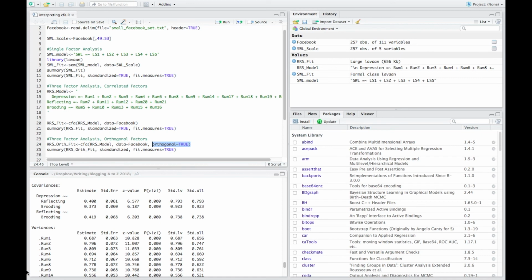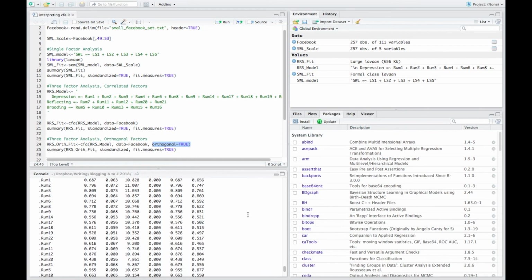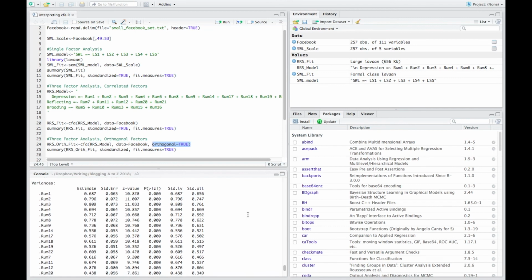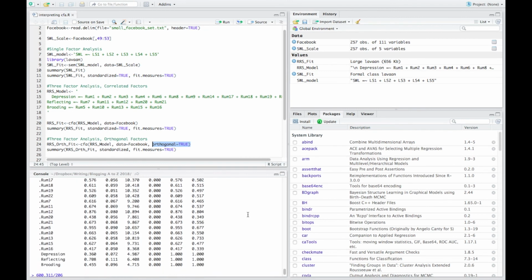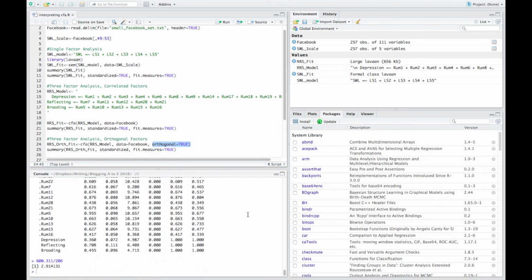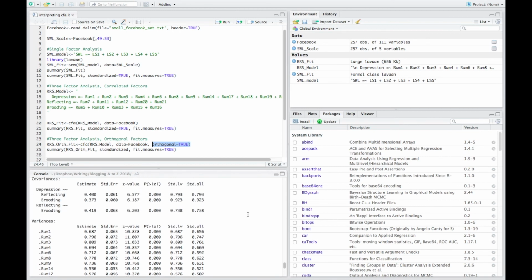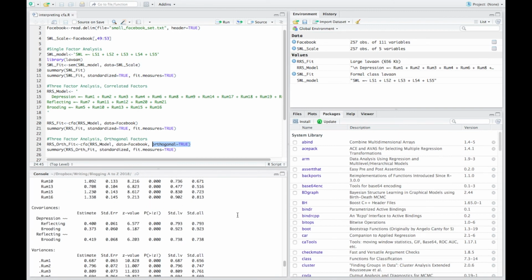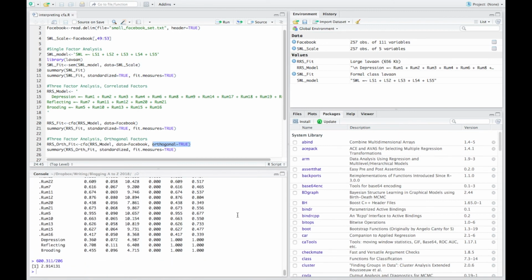That's evidence that backs up this idea that they're all significantly correlated with each other. All of our covariances are also significant, which also does tell us that they're significantly correlated with each other. And then once again, we look at our variances and we see that there's significant variance left over after we've accounted for the variance for the model.